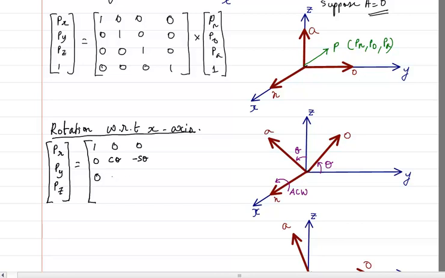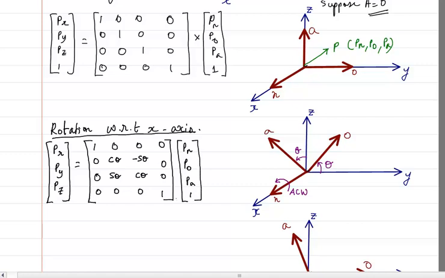So here it is going to be 0, s theta, c theta. Then we already know the scaling factor is 0, and since there is no translation, I will just write 0, 0, 0, 1. This is what we will multiply with our present Pn, Po, Pa and scaling factor of 1.